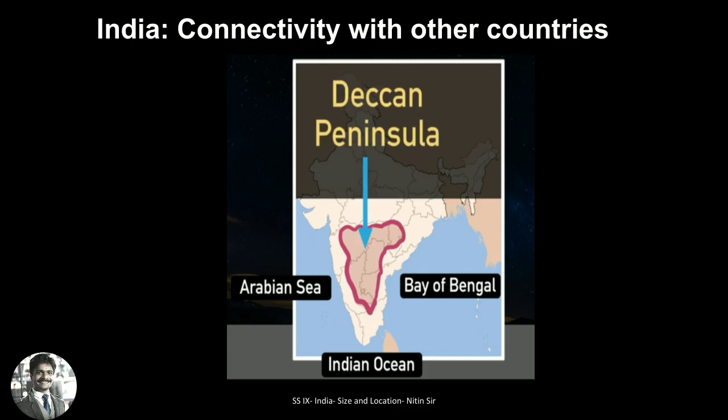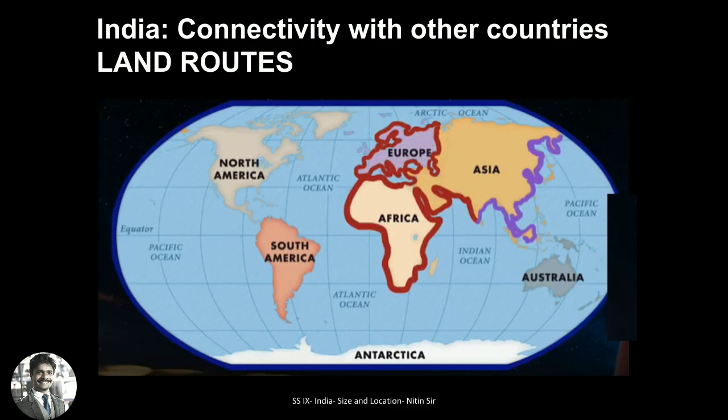Especially in the olden period, people were traveling either by land ways or by waterways. Connectivity with other countries was greater through these water bodies, as these water bodies are connected to other countries. People were using waterways.